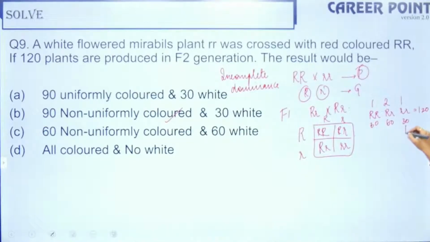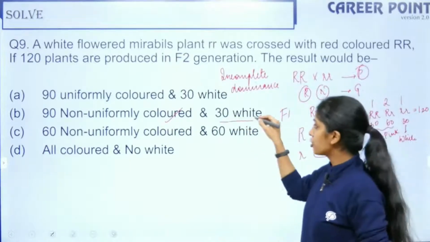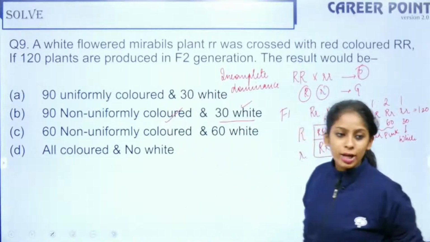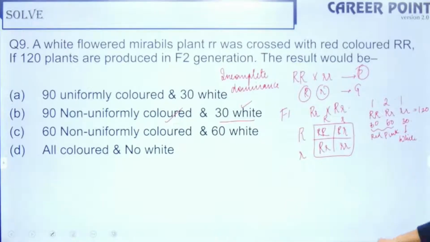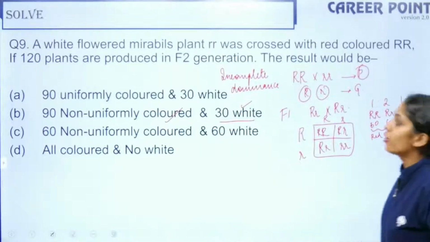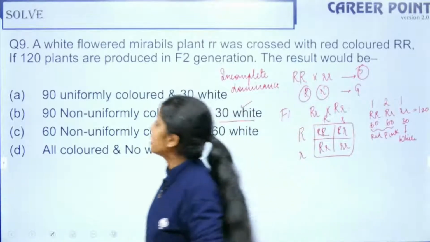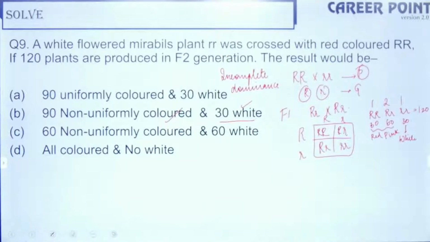Which means I have 30 white plants and 90 of 2 different varieties. One is red and one is pink. So it is 30 white, and 90 of 2 different colors, right? 60 plus 30 is 90. This is non-uniformly colored because it has red and pink as well. So the option is B, 90 non-uniformly colored and 30 white. So this is option B.